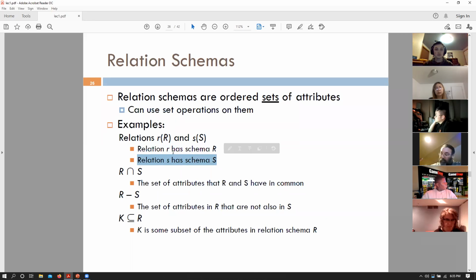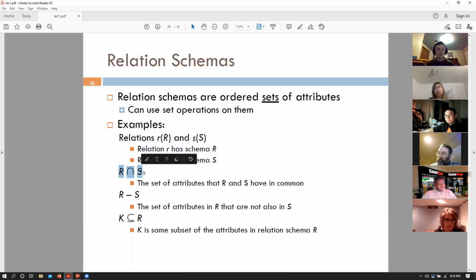The actual table is your lowercase r or your lowercase s, right? However, the capital R and capital S contain all your attributes for that particular database, right?